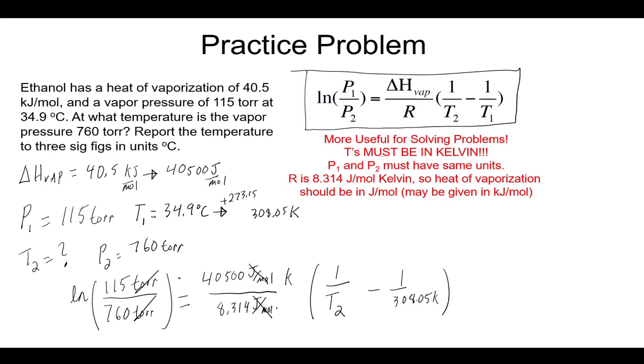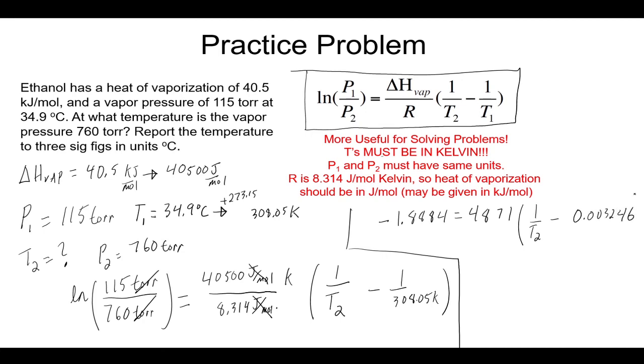And now it's straightforward, the natural log. Maybe we'll move this over. Natural log of 115 over 760, I think comes out to like negative 1.8884 or so. This 40,500 divided by 8.314 looks like about 4,871. And then you have 1 over T2 and 1 over 308, which is like 0.00324.